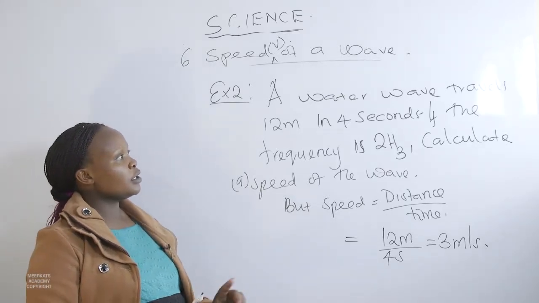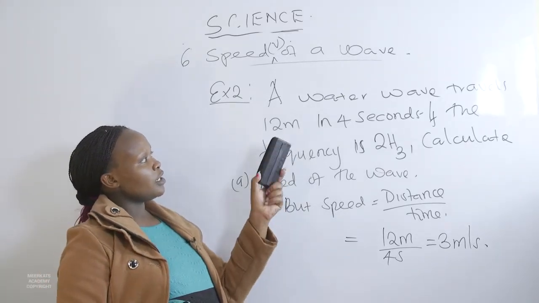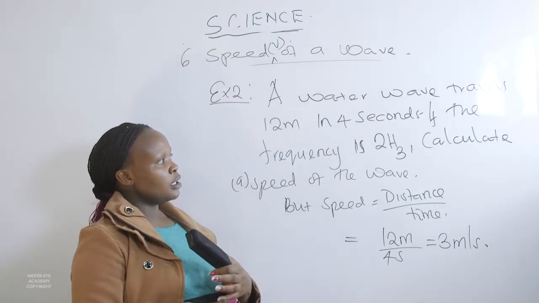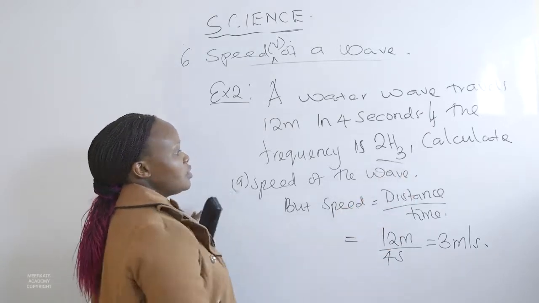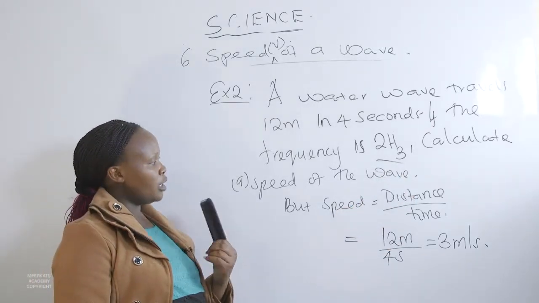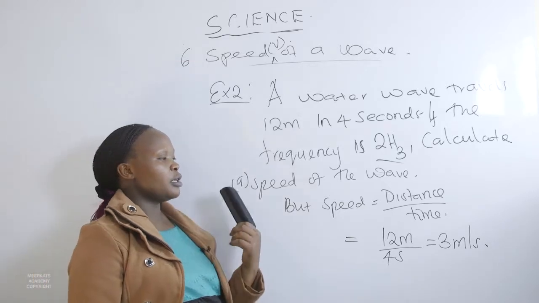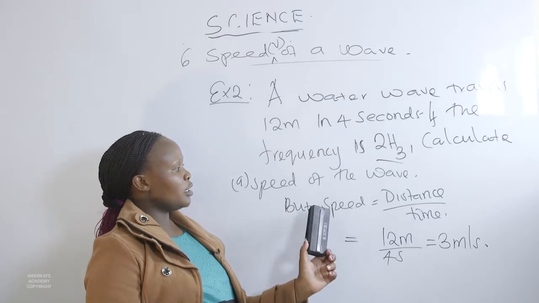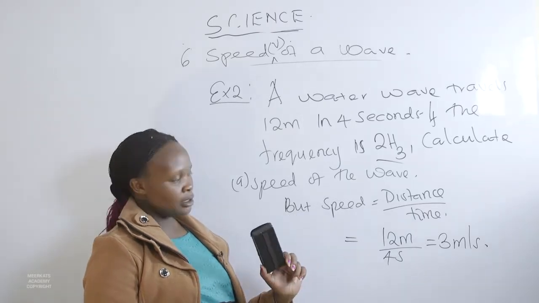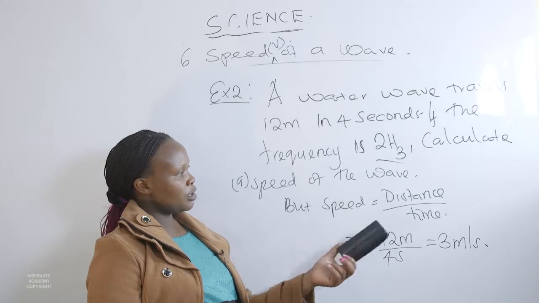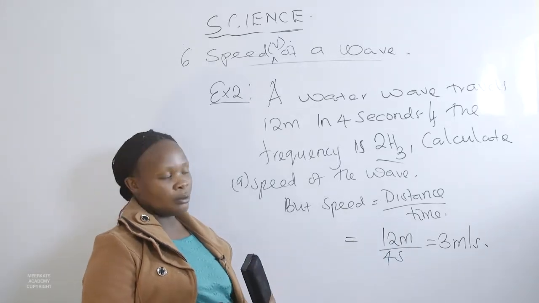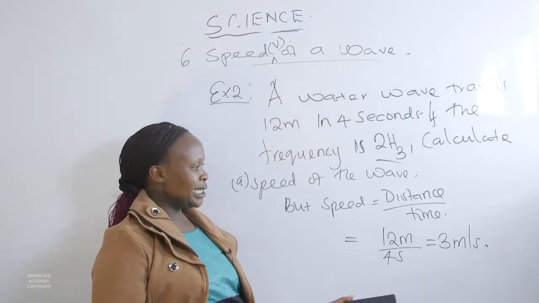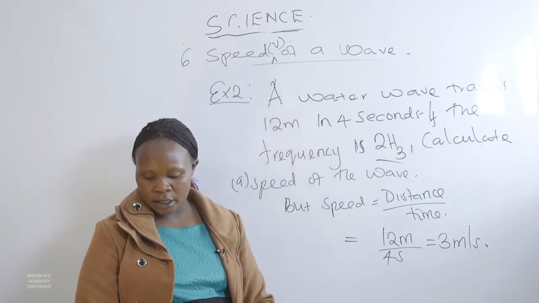That we have a wave train traveling at 12 meters every 4 seconds with a frequency of 2 hertz. So we want to find out what is the speed of this wave train, and we can just take the direct formula where speed is given by distance over time, substitute, and get our speed as 3 meters per second.